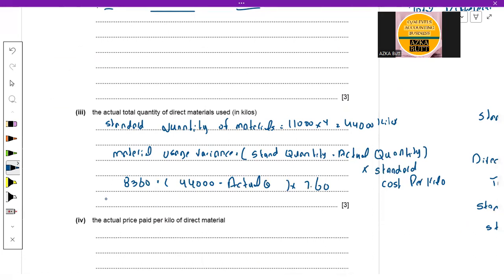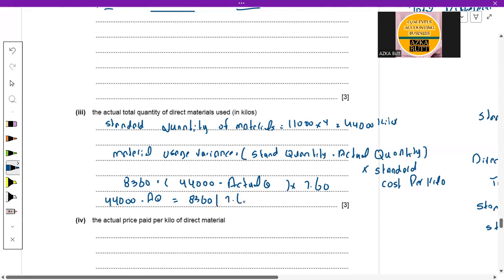So 44,000 minus actual quantity is equal to 8360 divided by 7.60, which is equal to 11,000 kilos.